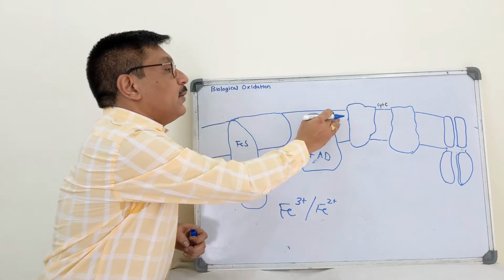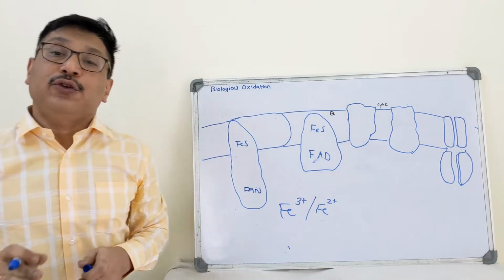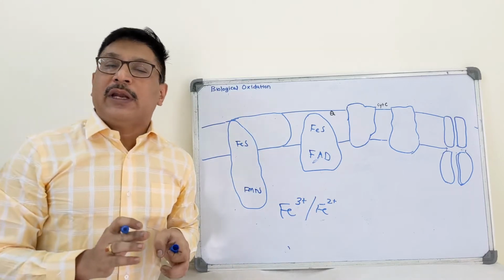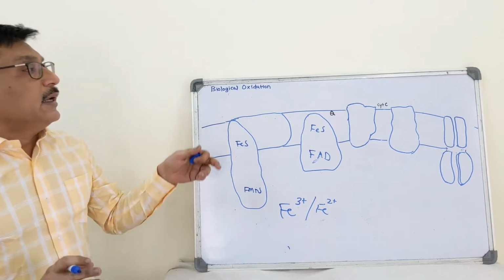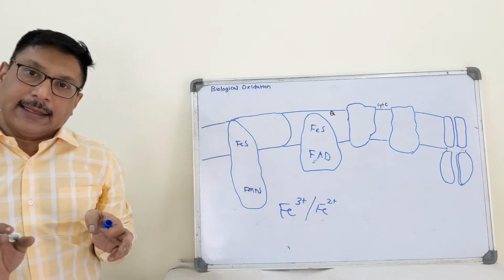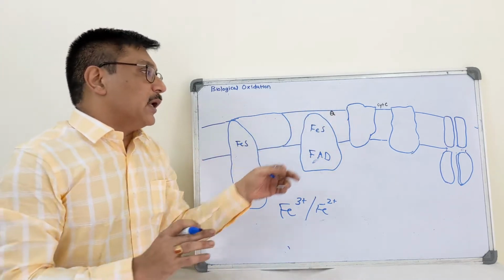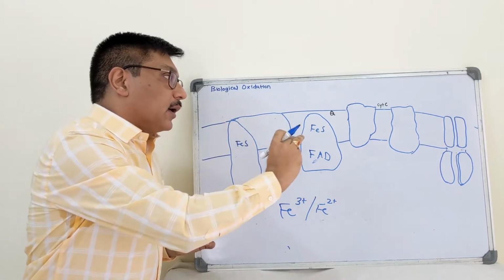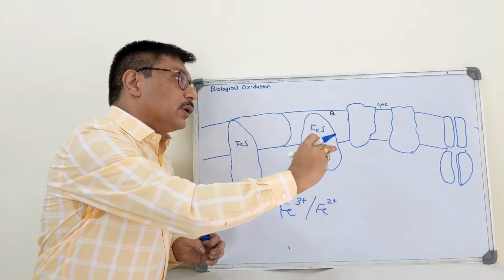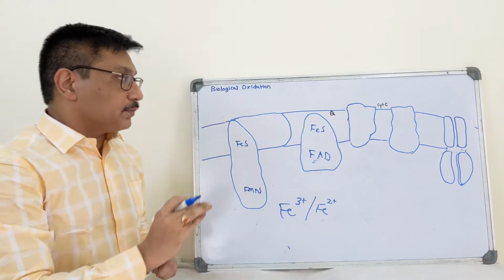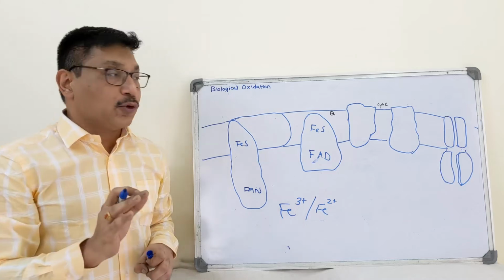Coming to coenzyme Q, this is called ubiquinone. It is a quinone derivative with isoprenoid subunits of variable length, generally 10. It is lipid soluble and can carry electrons to the next complex. It is one of the mobile units of the electron transport chain.